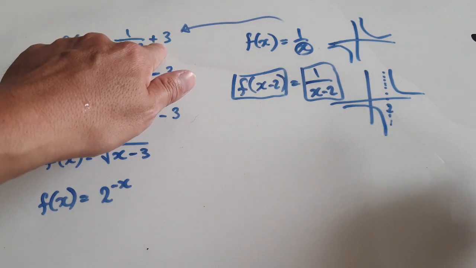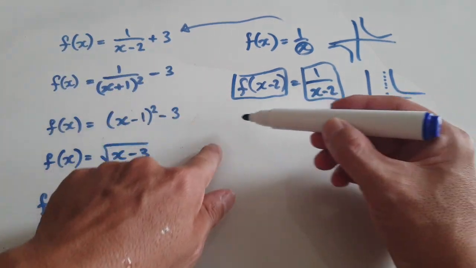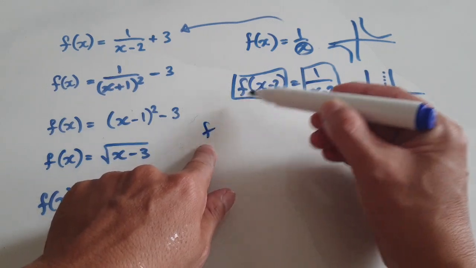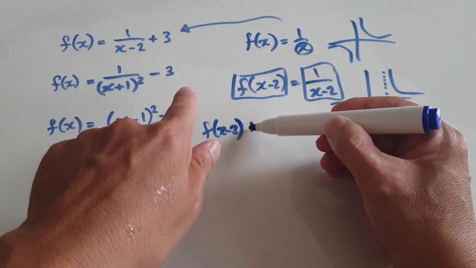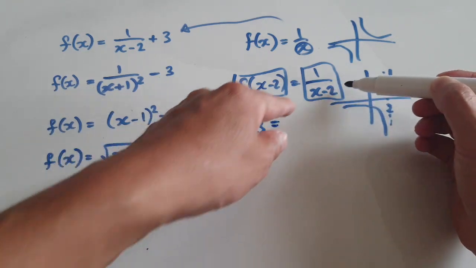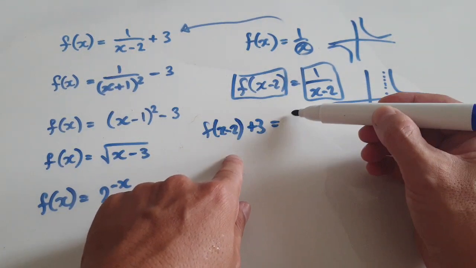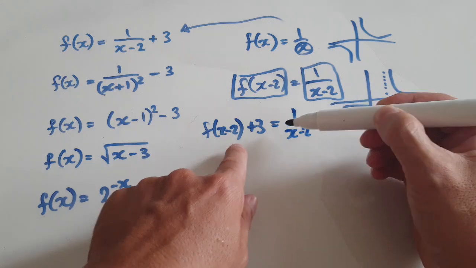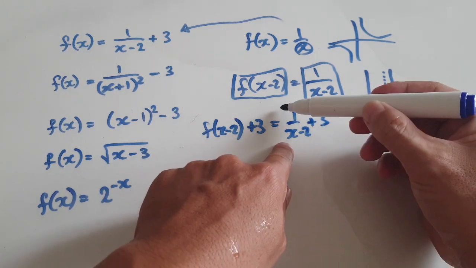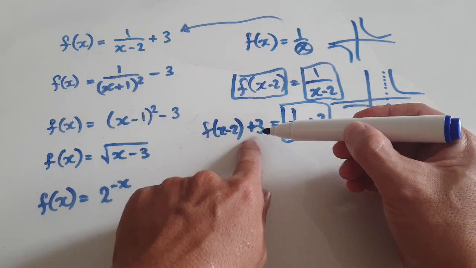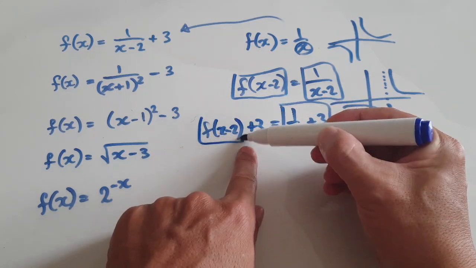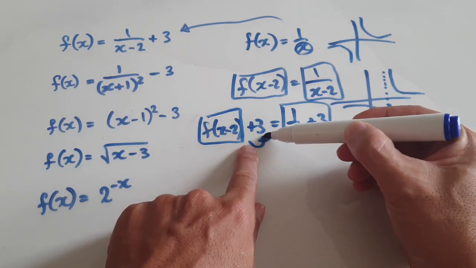And now plus 3. So it would be the old graph, f of x minus 2, and then you would add 3. Now we have no idea what this is doing, but we do understand that this transformation will get the old graph and add 3 to it.